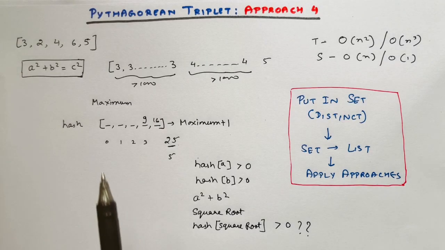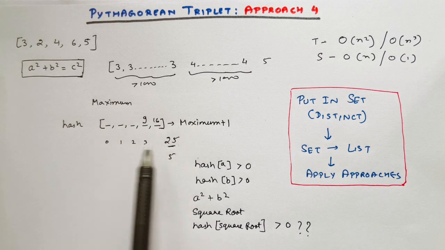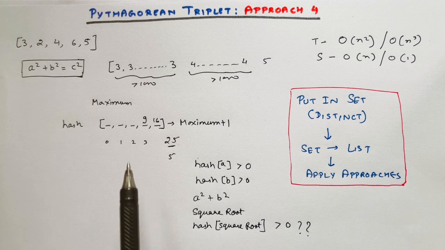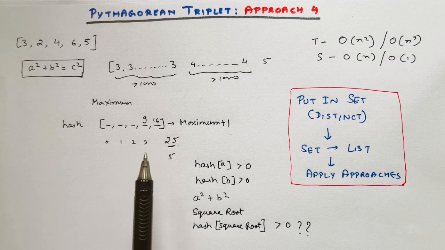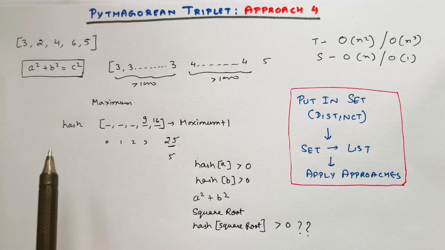Now, since we don't want to iterate over the original array, we will iterate over this array whose size is dictated by the maximum value. And we will run our approach 2, where we used to fix a and b in an iteration, and look for a square plus b square, whether this value is present or not. So what will be the valid a and b that we can fix in this array, where hash of a and hash of b, if we call this array hash, is greater than 0.